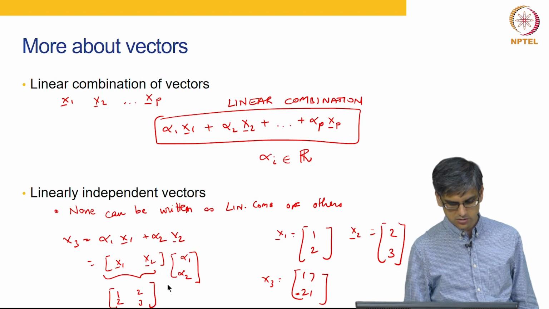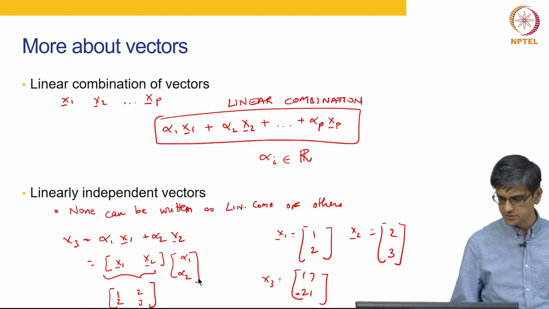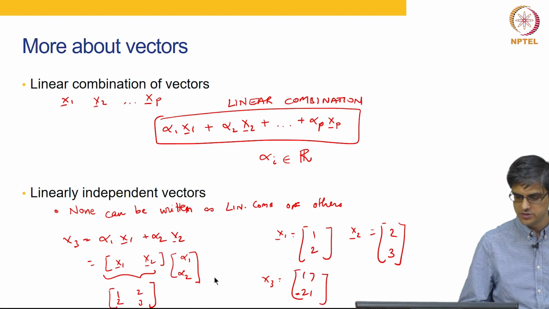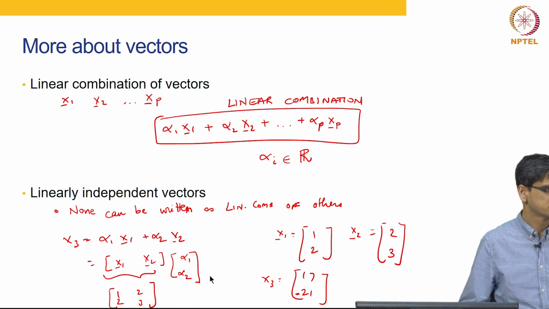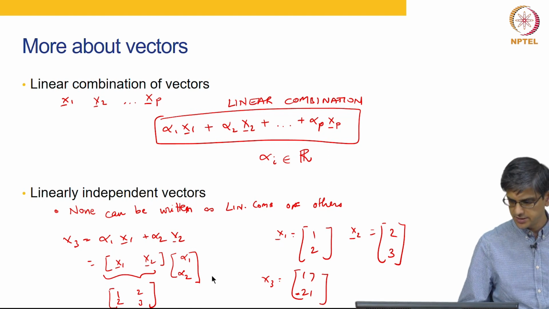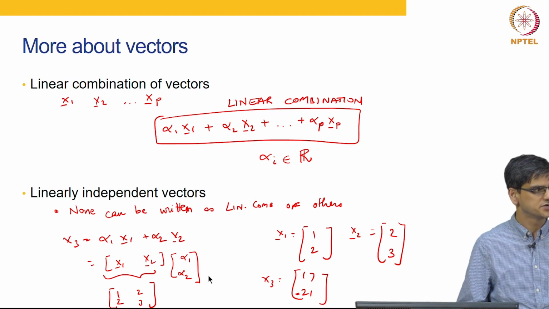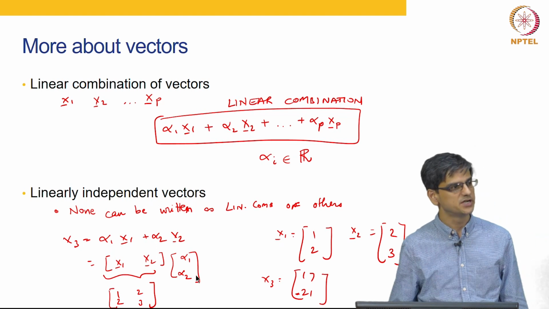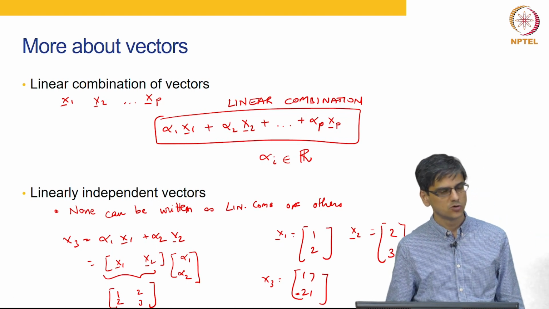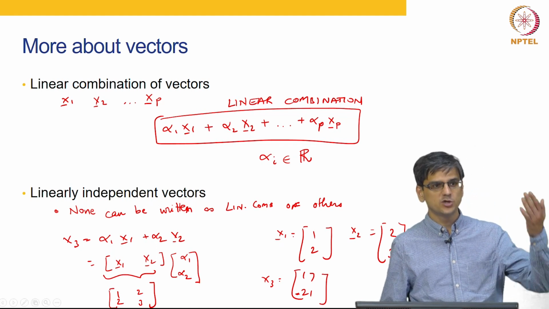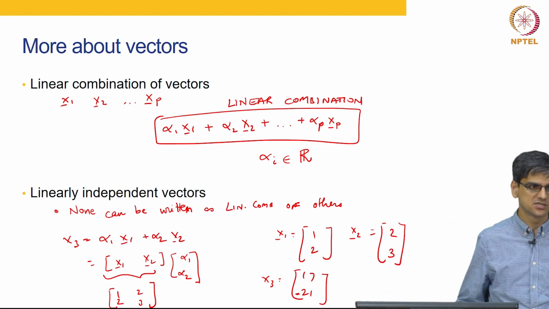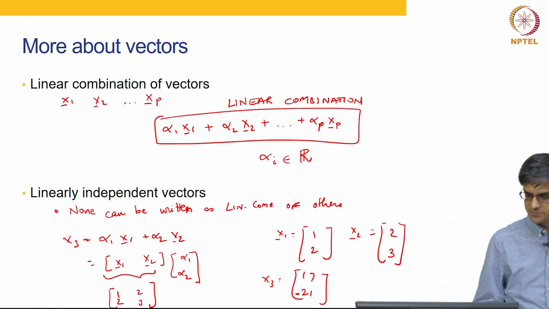Because 1 2 2 3 is invertible, alpha 1 and alpha 2 are going to be unique. And any vector x3 can be represented as a linear combination of two linearly independent vectors. So, if you have n dimensional space, this example had 2 dimensional space.